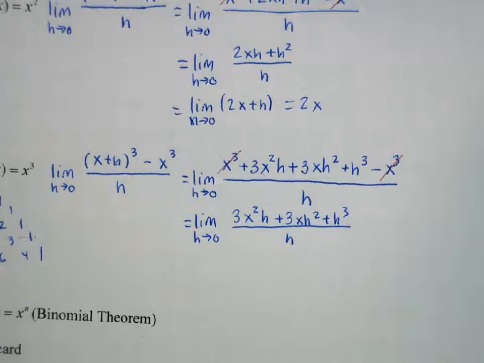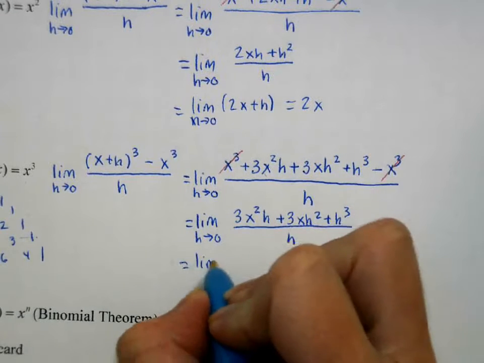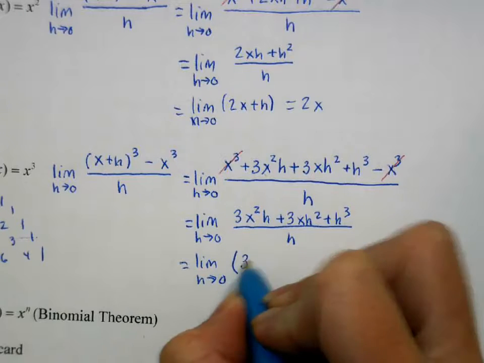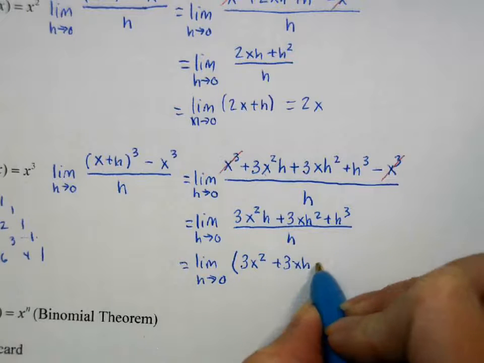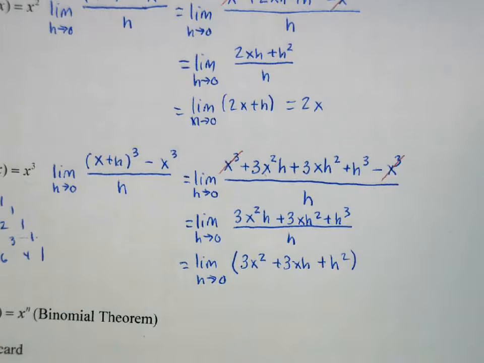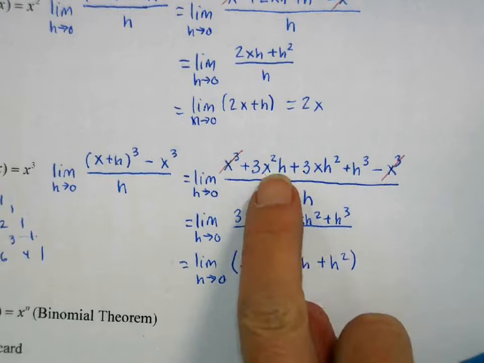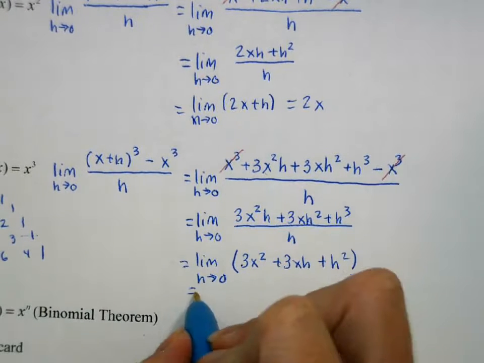Okay, so the h's are going to reduce. So we're going to have a 3x squared, a 3xh, and an h squared. The only thing that doesn't have an h is that first term. So as we go to 0, this goes away, just 3x squared.